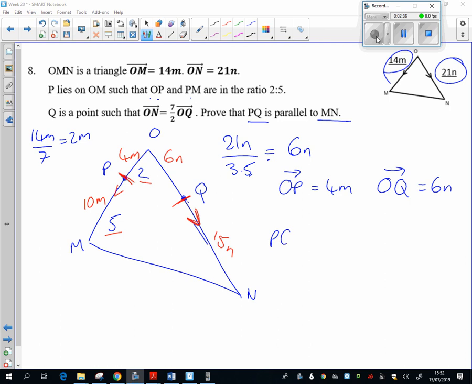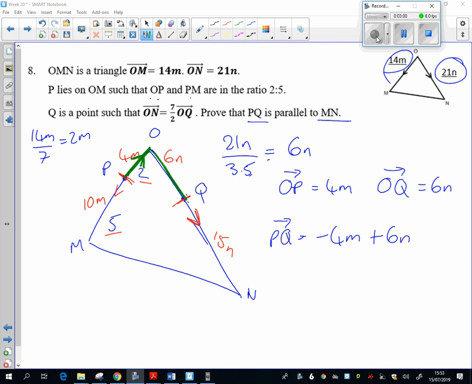So PQ, I need to go there. So I'm going in the wrong direction. So I'm going minus 4M to get from P to O, and then plus 6N to get from O to Q. So that's PQ.